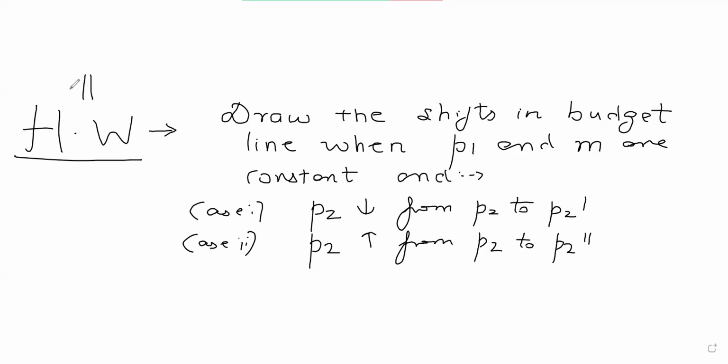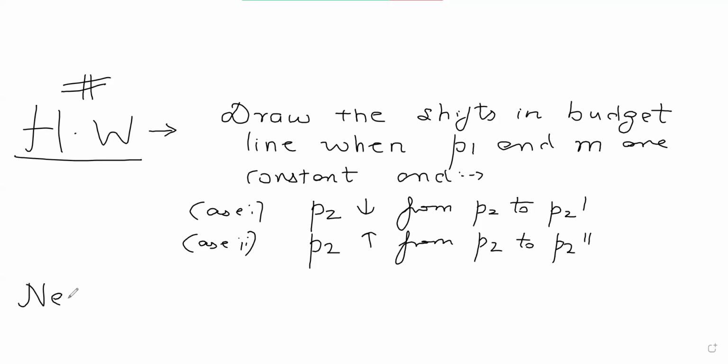So all students who are attending this lecture are going to take this as homework. And please take the homeworks very seriously. You can get in touch with me through WhatsApp or through mail, and I can check your solutions. But try this at home, okay? Draw the case of price of good 2 falling and price of good 2 going up, assuming that price of good 1 and income are constants, okay?